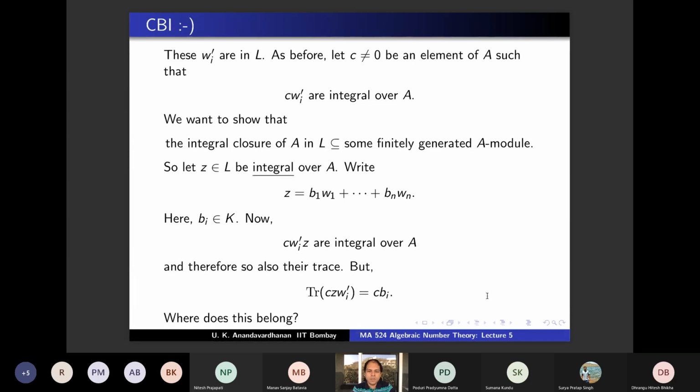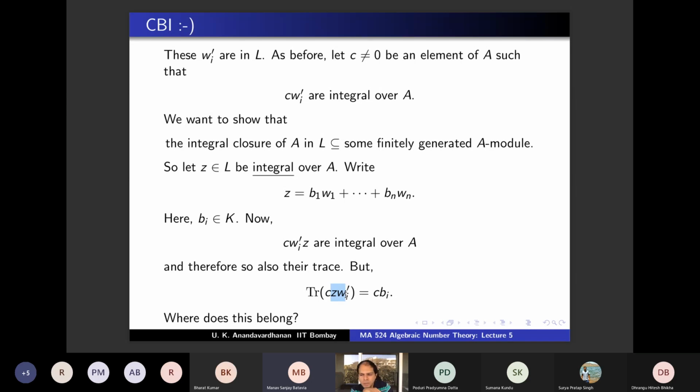So where does this belong? This is an element of L, and you are taking the trace of that, so the trace will be downstairs. So C Bi is in K, right? Because this is an element of L. C is in A, Bi is in K, so C Bi has to be in K, right?